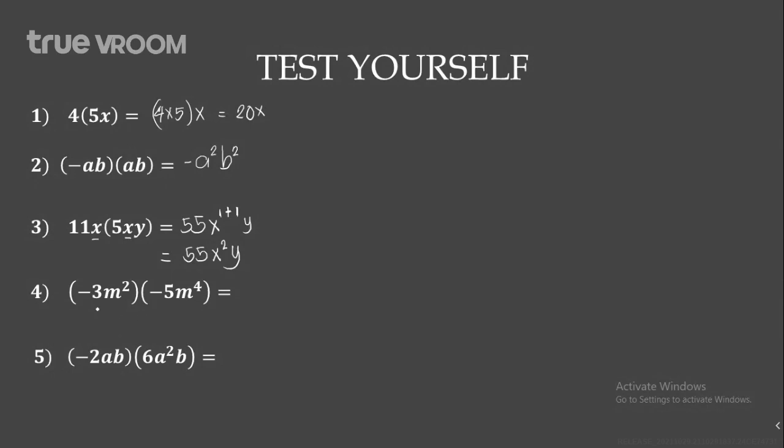Okay, answer number 4. Read first. Negative 3m raised to 2 times negative 5m raised to 4 is equal to negative 3 times negative 5, m raised to 2 plus 4, is equal to 15 m raised to 6.